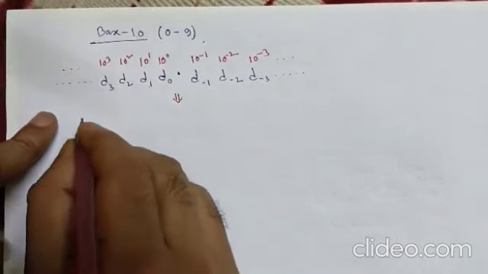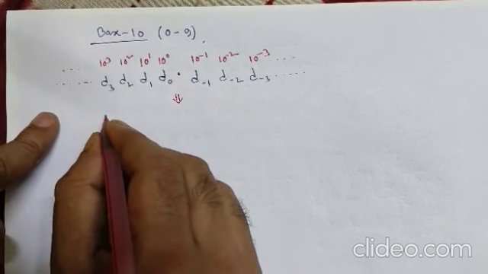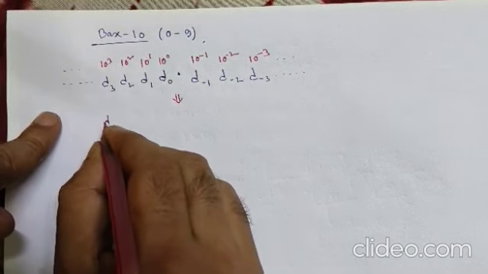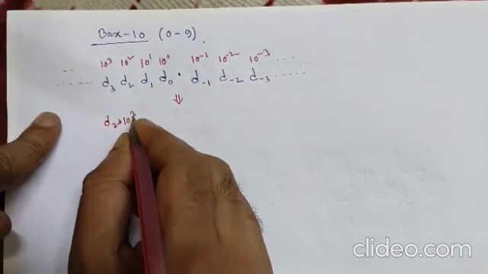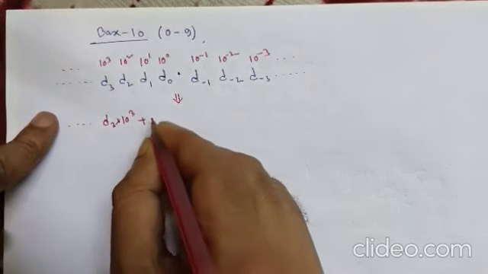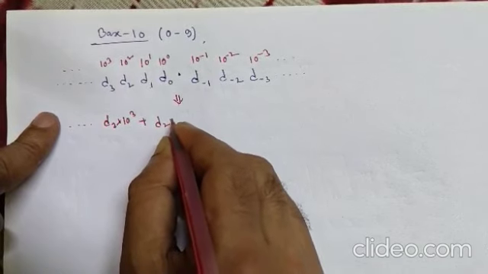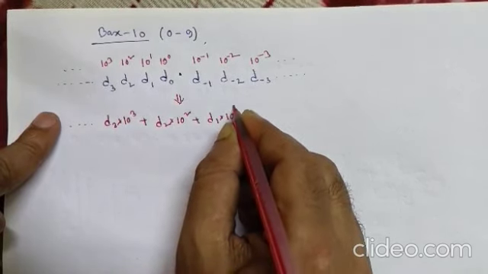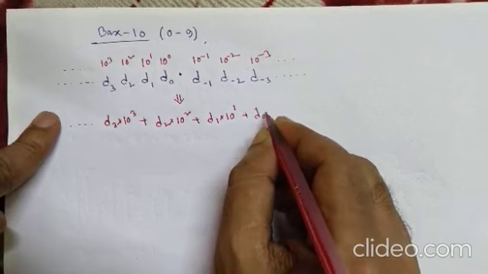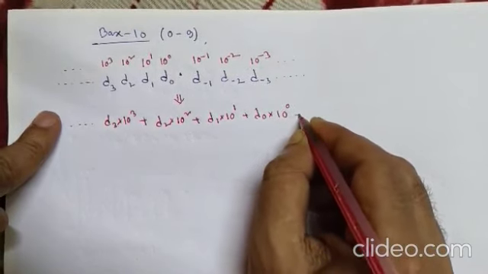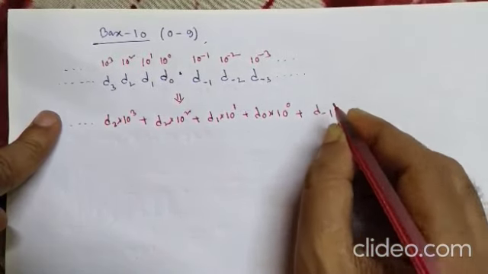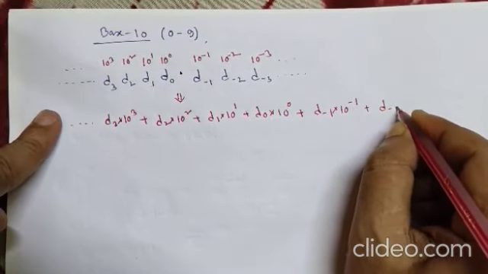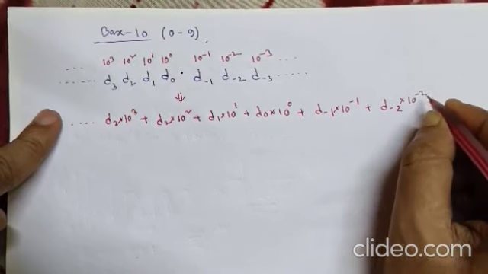So the corresponding decimal value will be D3 into 10 to the power 3 plus D2 into 10 to the power 2 plus D1 into 10 to the power 1 plus D0 into 10 to the power 0 plus D minus 1 into 10 to the power minus 1 plus D minus 2 into 10 to the power minus 2 and so on.